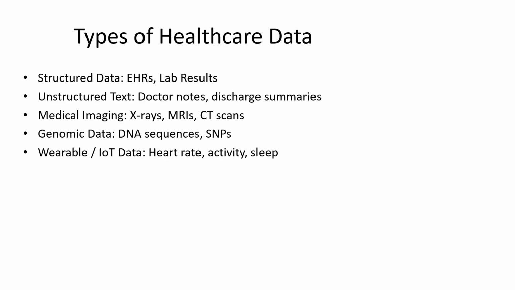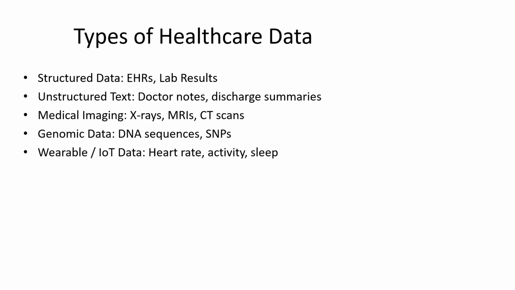Normally, EHRs, electronic health records, or lab results come under the category of structured data. Another kind of data is called unstructured data, for instance notes from the doctor or discharge summaries.